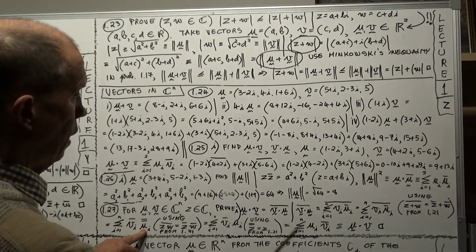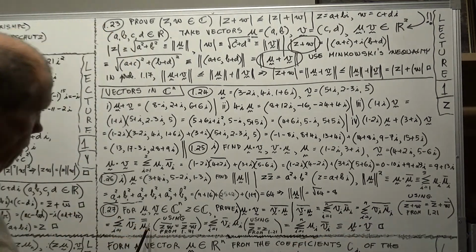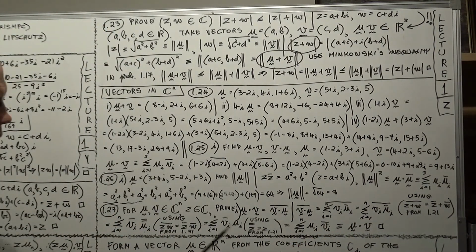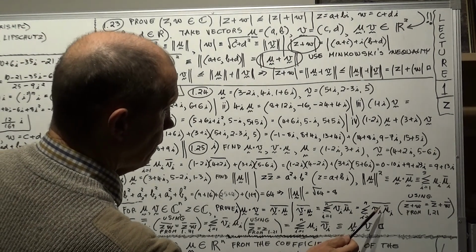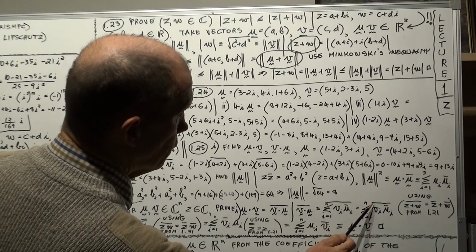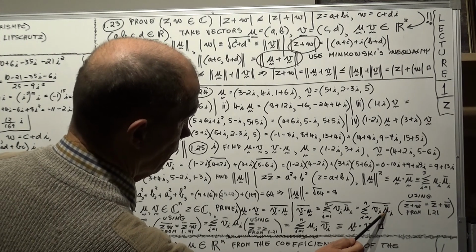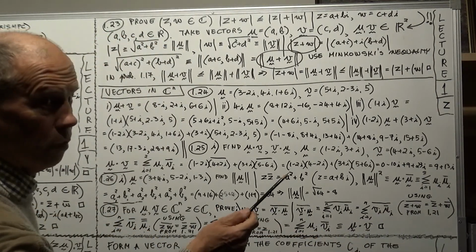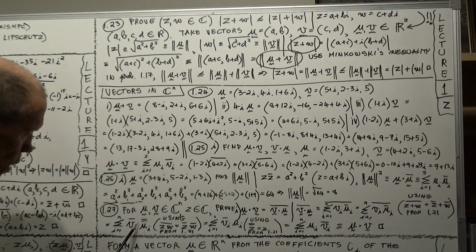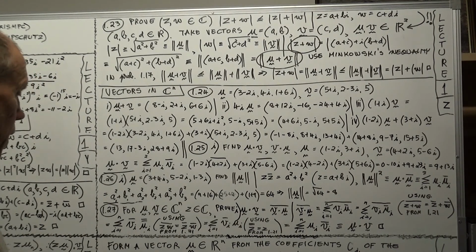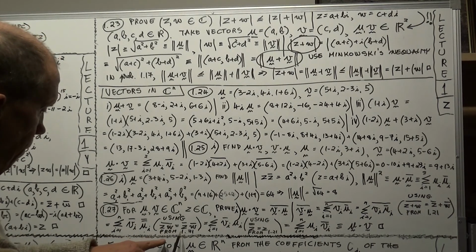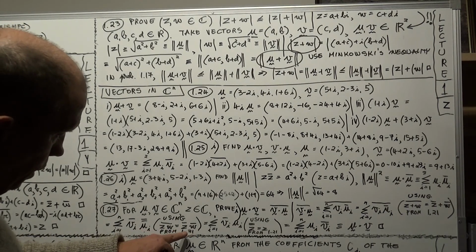So this will be ui double conjugate, like this. So I'll say it again. This is the conjugate of the product. And that's equal to the product of the conjugates of these 2 things. And that's from a part of question 121.